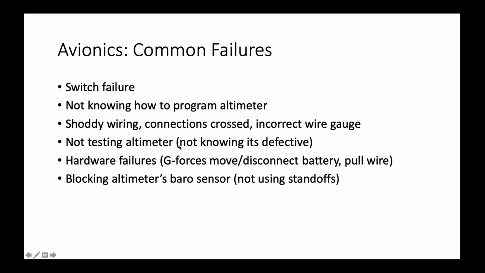Another one is shoddy wiring, just putting together the wiring inside the electronics. The Stratologger has those screw-down terminals: you put the wire in and screw it down so it stays in. If you use the wrong gauge, a diameter that's too large or too small, sometimes the contact won't be positive and it won't work.